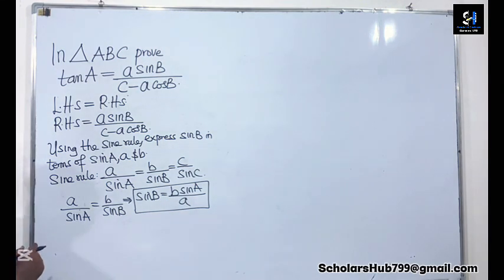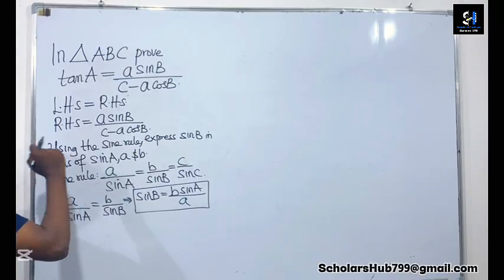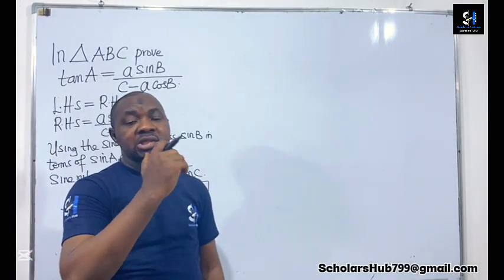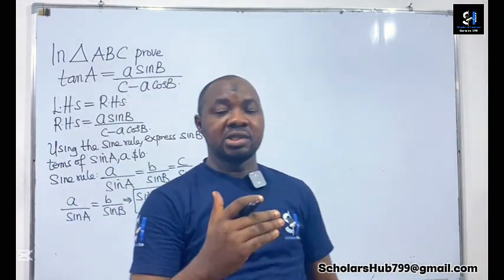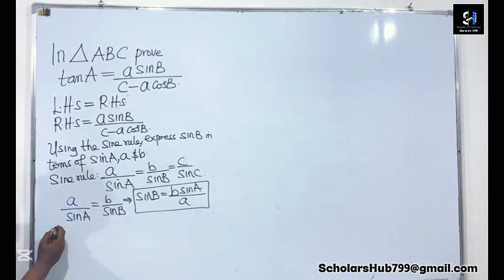Now I can also write an expression for cos B in terms of side a, side b, and side c, using the cosine rule.